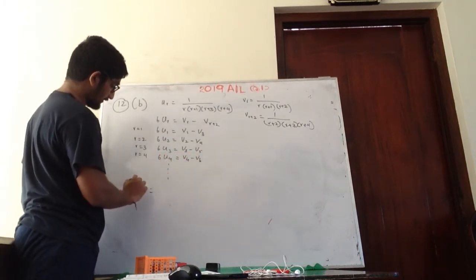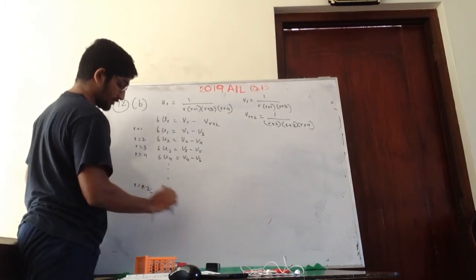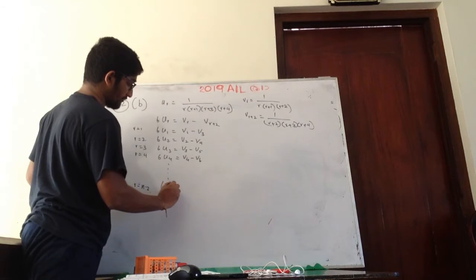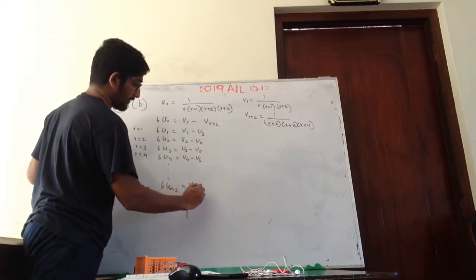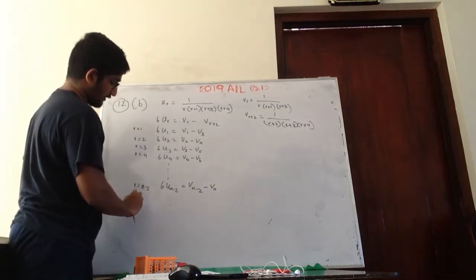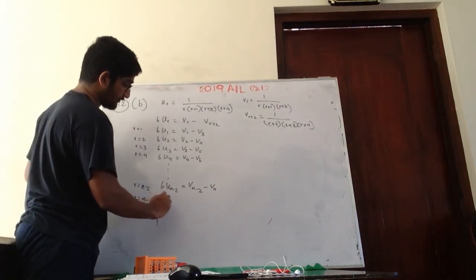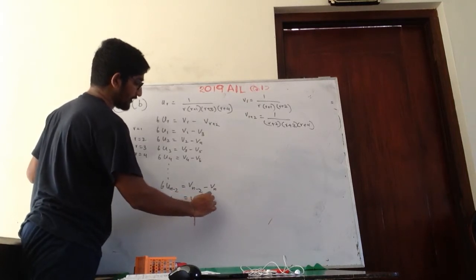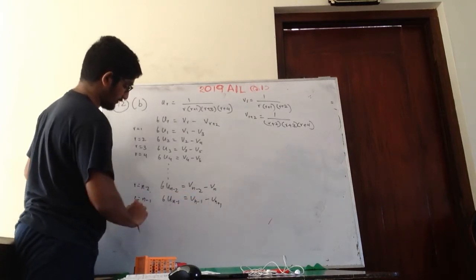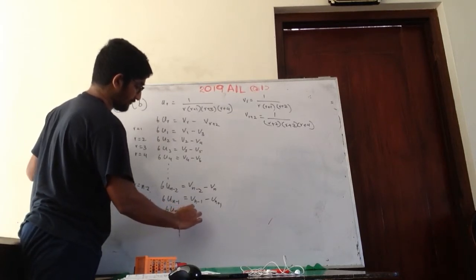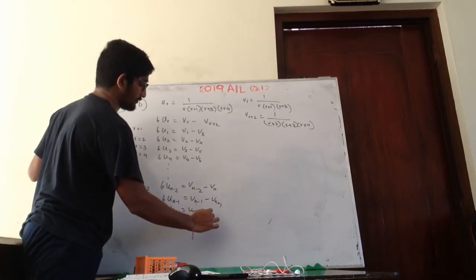It goes like that. R equals n minus 2: 6U(n minus 2) equals V(n minus 2) minus Vn. Then R equals n minus 1: 6U(n minus 1) equals V(n minus 1) minus V(n plus 1). And R equals n: 6Un equals Vn minus V(n plus 2).